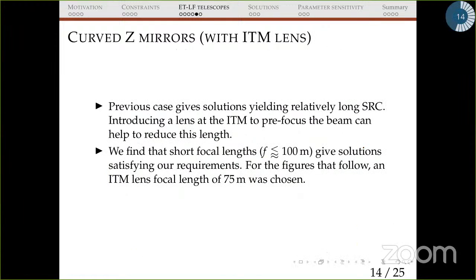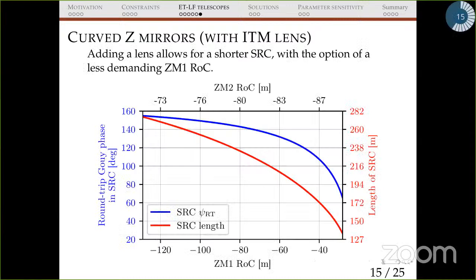So to alleviate these issues, we can again introduce a lens at the ITM to pre-shape the beam before it hits the telescope. And to skip over some of the details, we effectively find that an ITM lens with a focal length of around 75 meters is pretty much optimal for this.